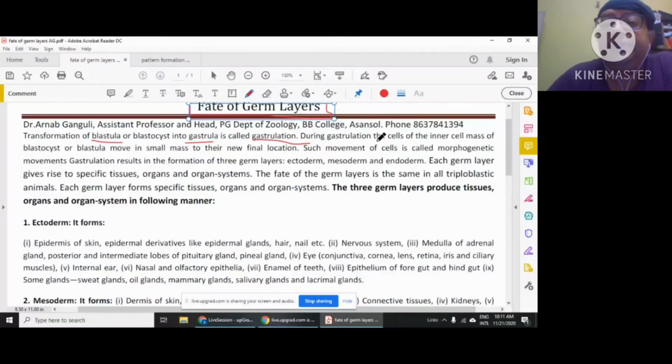During gastrulation, the cells of the inner cell mass of the blastocyst move in small masses to their new final location.